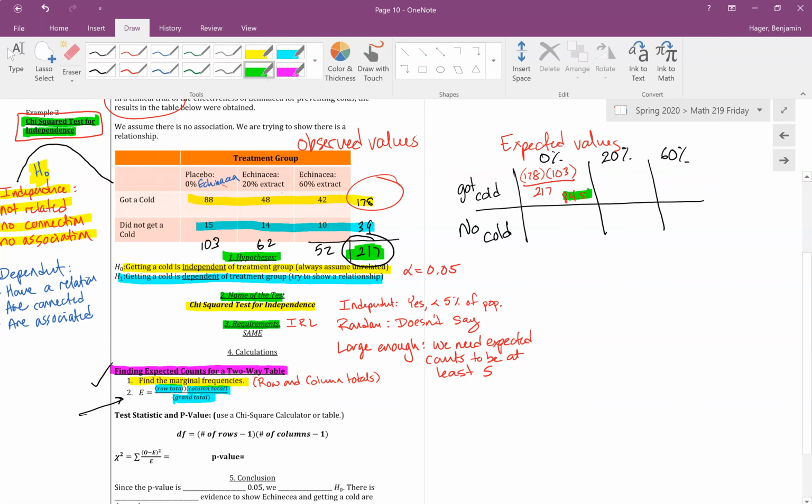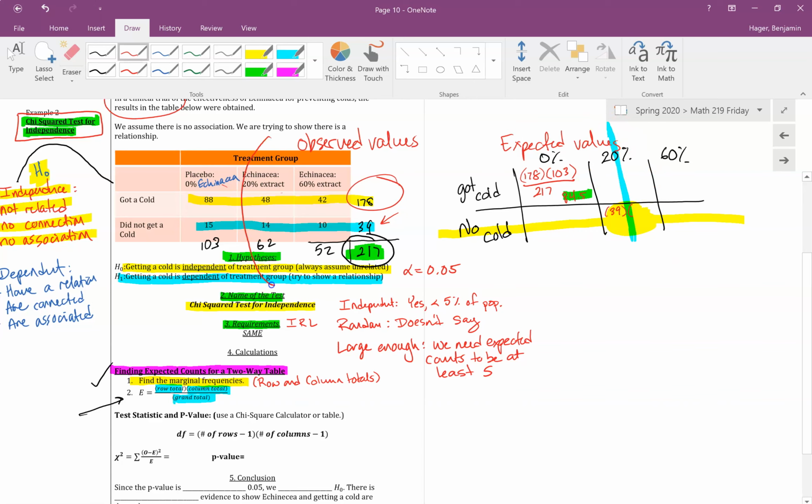I'll do another one. Let's find, how about this expected value here, just to jump to another one. This box is in the no cold row and the 20% column. So what I need to do is multiply those totals. What's the total in the no cold row? The no cold row had a total of 39, right? The 20% column, what was that total?